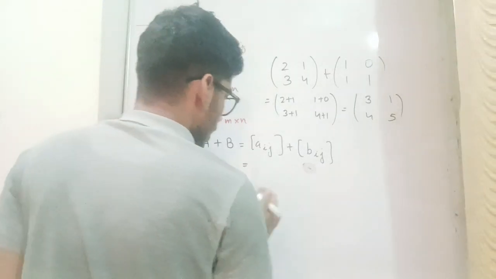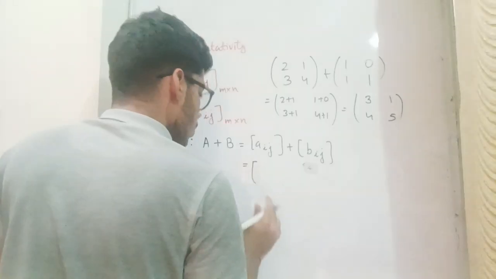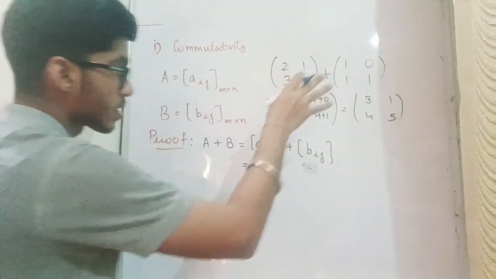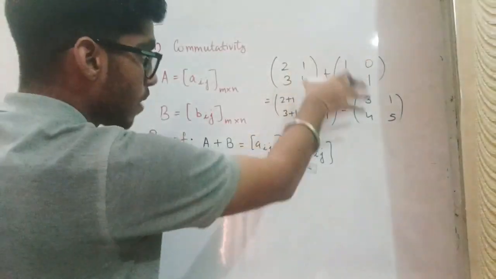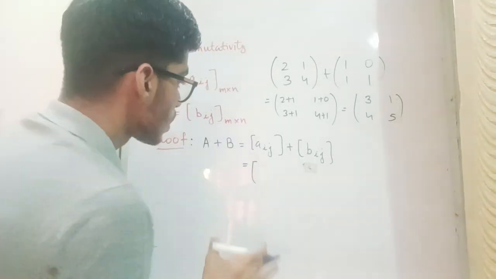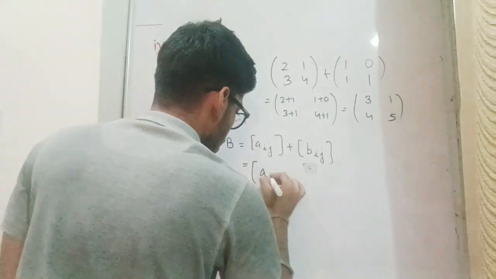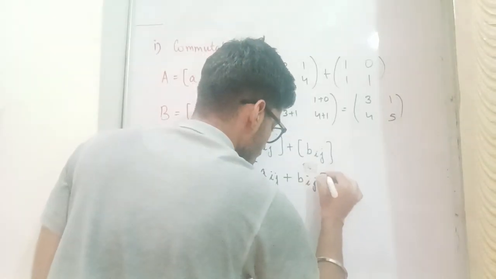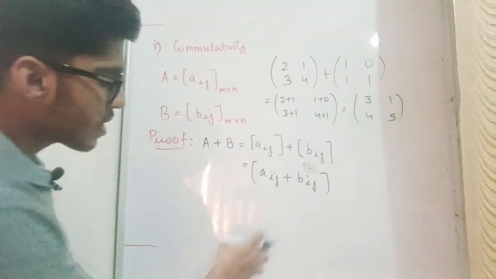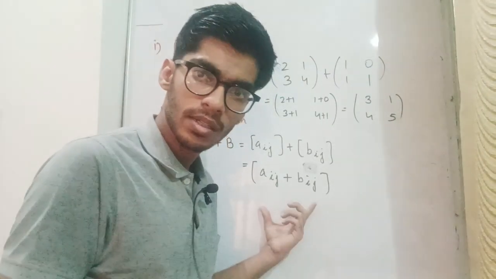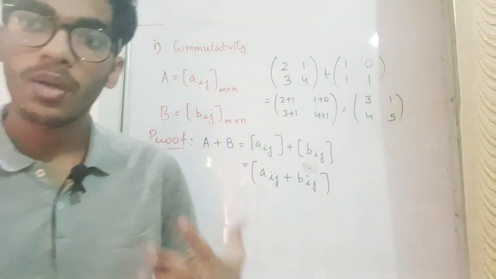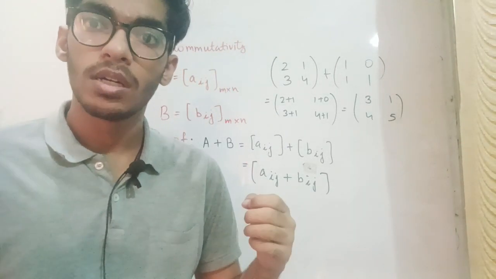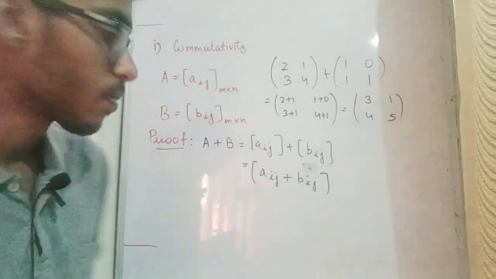So a sub ij plus b sub ij. Now we see that the elements that occupy the same positions in the two matrices are added together. Now what is happening over here? Two numbers are being added, and we know that whenever we add two numbers, they obey the property of commutativity.